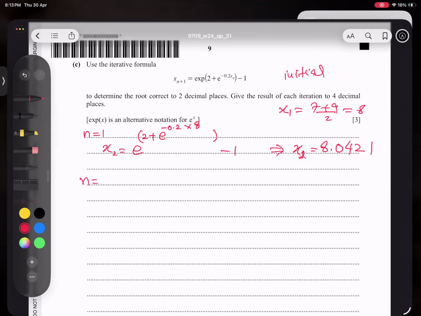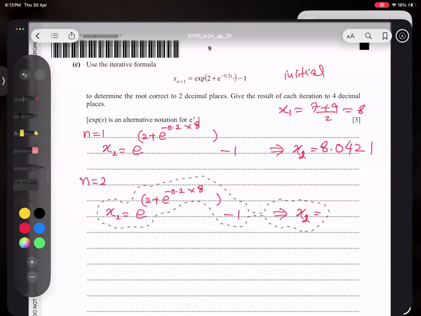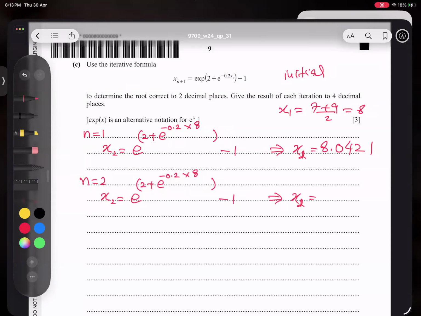First I plugged in 1, now I plug in 2. So we plug in 2 here and 2 here. The equation will turn x3 exponential. I should save my time and copy paste this whole expression. Now I just write 3 here and 3 here, and this number replaces x3, and this complete value will come here.